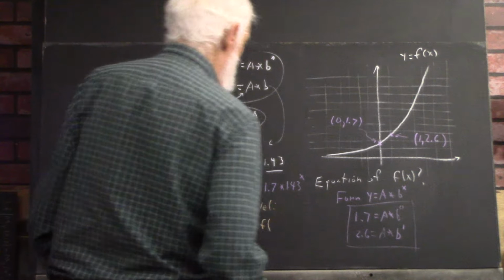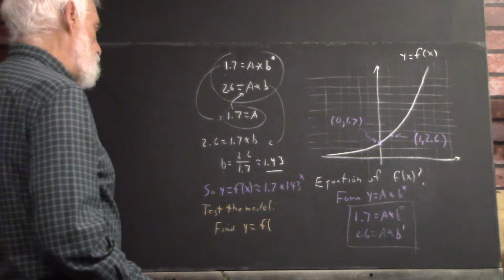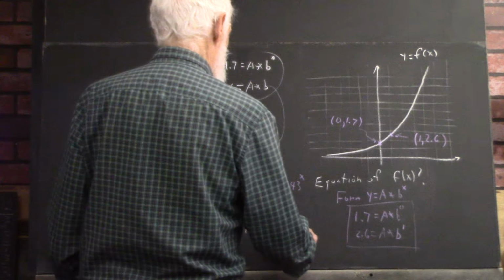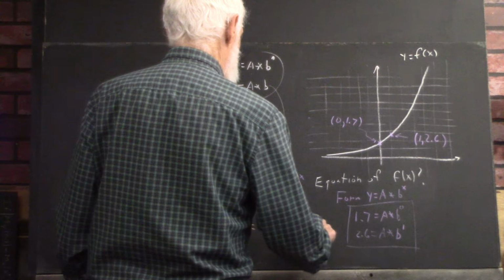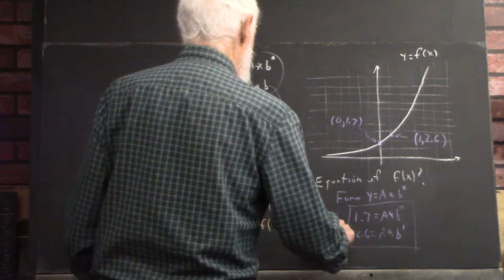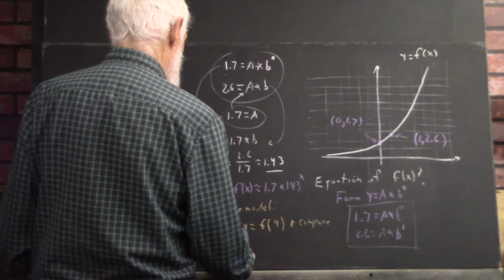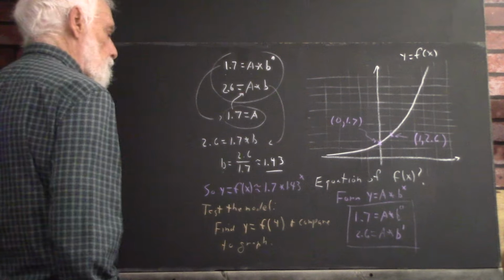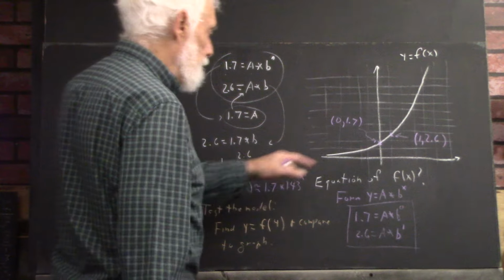Let's find y equals f of 4, and compare to what the graph tells us. Because we can estimate f of 4.